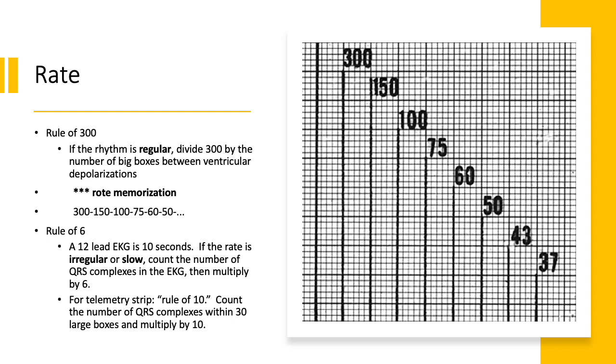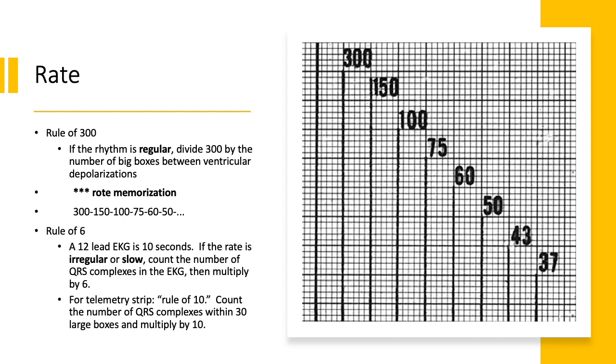You can basically memorize the sequence, and I frequently utilize this process. So it's 300, 150, 100, 75, 60, 50, 43. That's usually where I no longer remember that 37 is the next step.